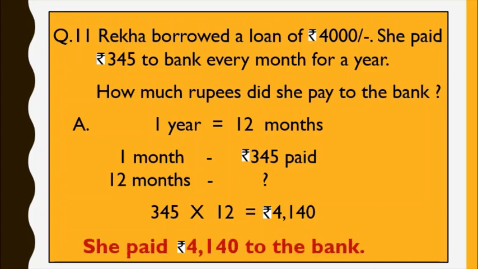So Rekha paid rupees 4140 to the bank. Actually she had taken rupees 4000 only from the bank, but bank charges interest on the amount. So she had to pay more amount, that is 4140.